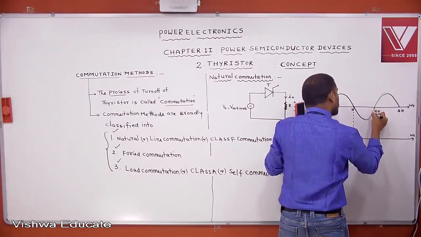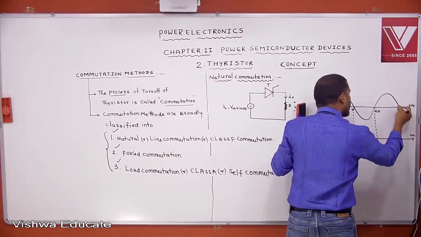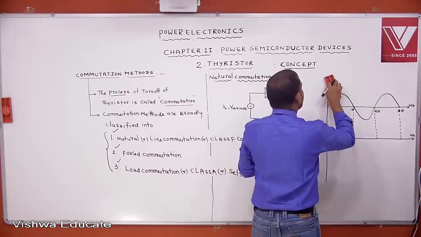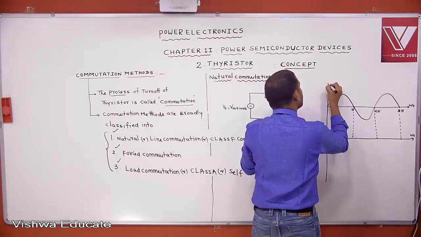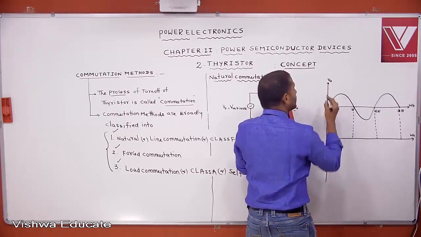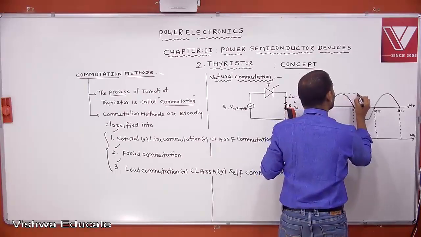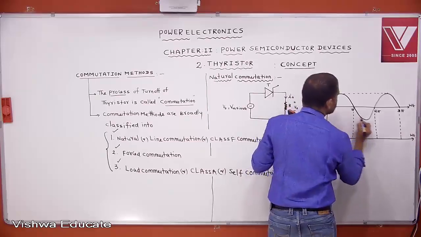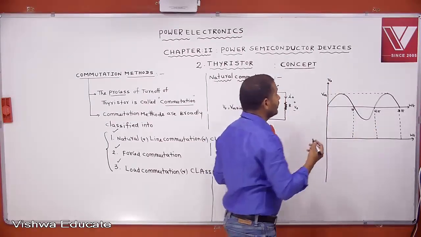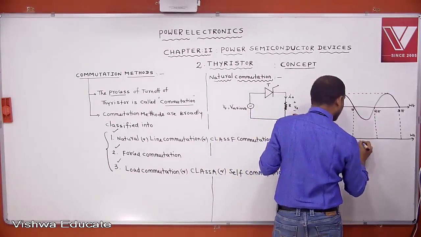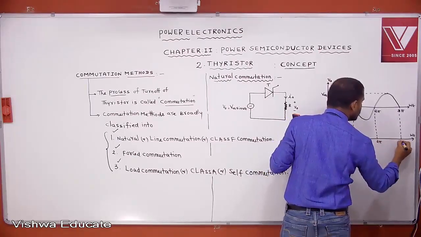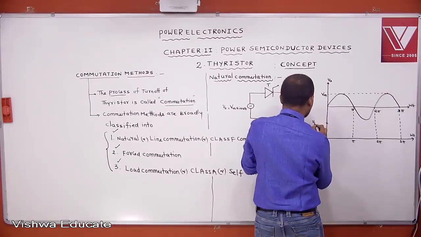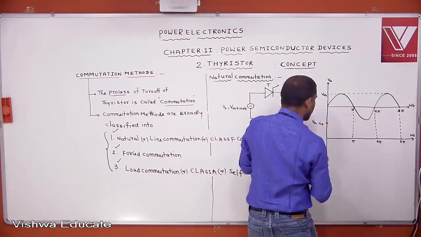The instantaneous supply voltage has maximum value Vm, and on this side minus Vm. Let me take V0 and I0 on the same axis.